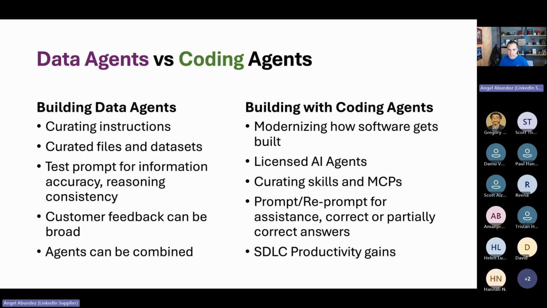Whereas in the data agent world, you're going to be testing prompt after prompt to make sure the information going out to the end user is accurate. In a coding agent scenario, you're going to be prompting and reprompting until you get the code that you need or want, and until the code is runnable and correct, or until that test that keeps failing finally succeeds. So it's very different.